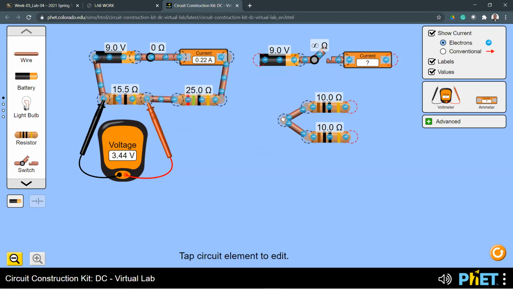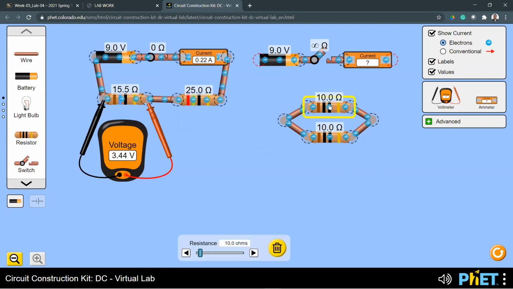This left end is connected to one point, and the right end we can do the same way, then we can see it clearly connected to another single point. Let's keep the same values of resistances. First one 15.5.